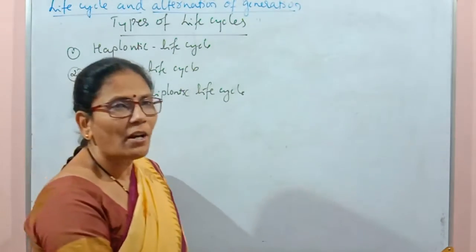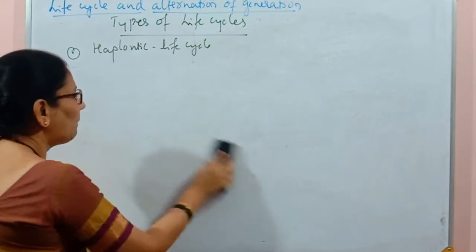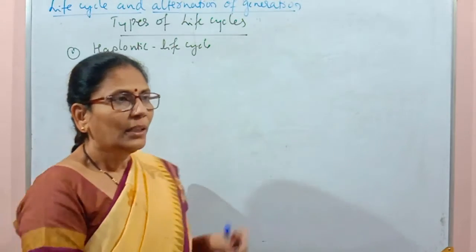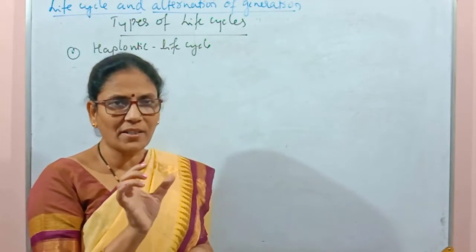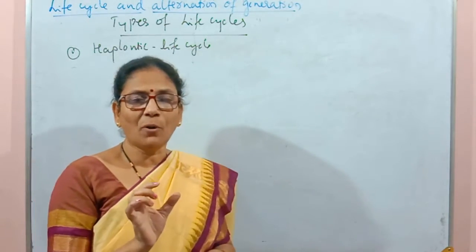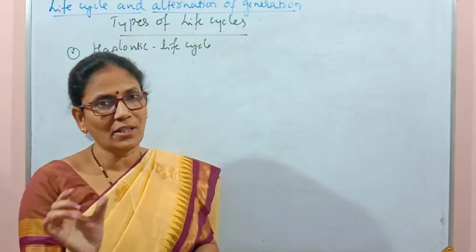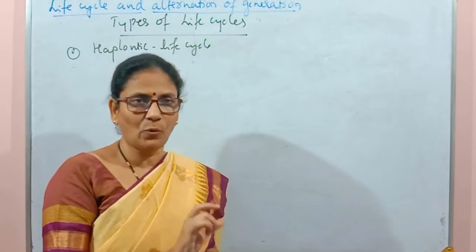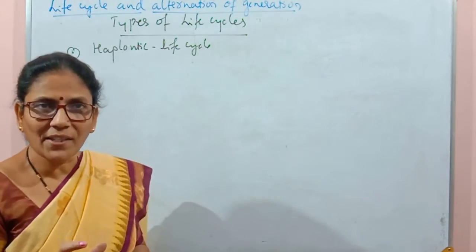First of all, we start with the haplontic life cycle. Haplontic life cycle means, in this life cycle, the haploid stage period is longer compared to the diploid period. So gametophytic period is longer compared to the sporophytic, and such a life cycle is called the haplontic life cycle.